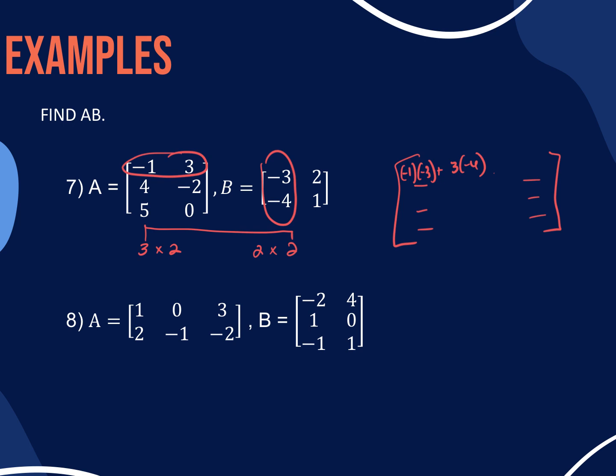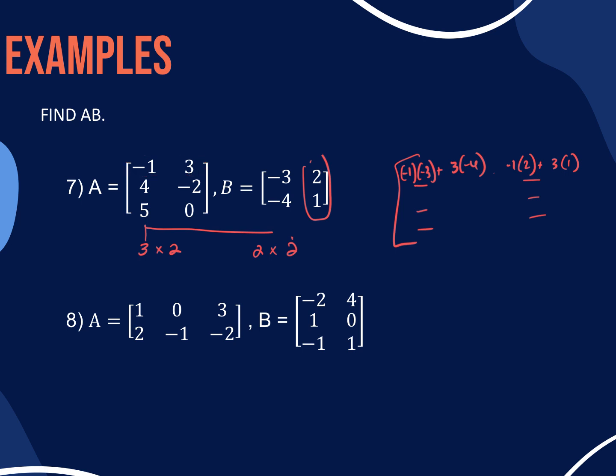And then I'm going to go to the other column, which is going to be the one on the top right. So it's going to be -1 times 2 plus 3 times 1. And again, I'm just not even going to give myself an end here. So it's going to be 3 times 1. Okay? Now I'm going to go to the middle.